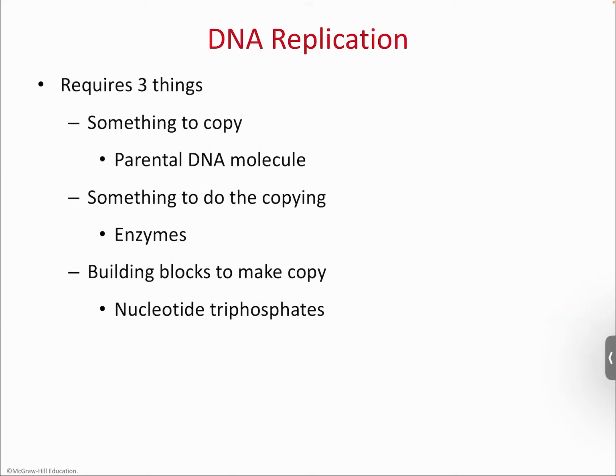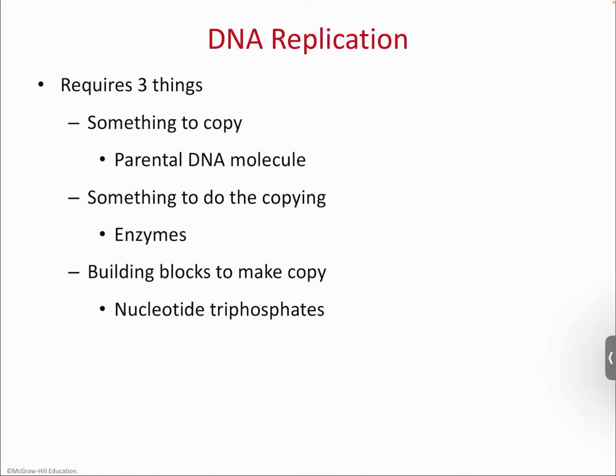Replication isn't necessarily unlike just making a photocopy. There's 3 things I need to do in order to make a photocopy for a quiz. What do I need? I need the original, right? What else? Paper and the printer. So the printer is the actual structure that does the copying. The paper, and I'd put the toner in that as well, is the materials that the printer needs in order to make the copy. So I need those 3 things.